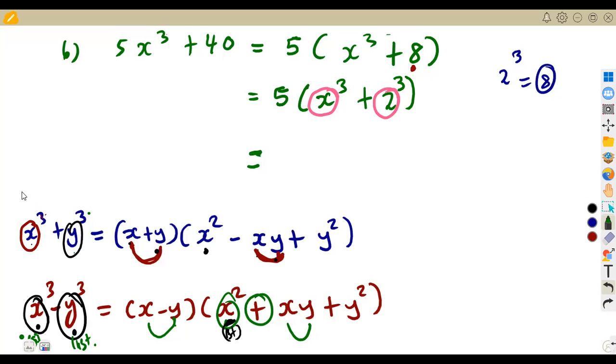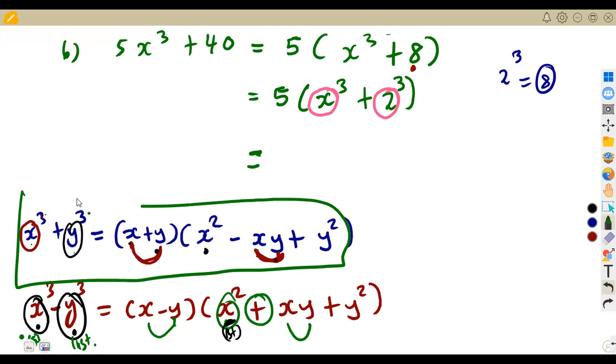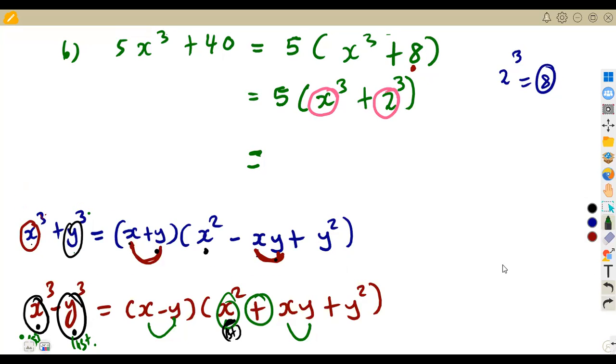So if we are adding, we are going to use this condition here for adding. The 5 is simply there to multiply our answer. So we said we're going to have the first plus the last term, that is x plus the last term, which is 2, into the bracket of x squared, which is the first term squared.